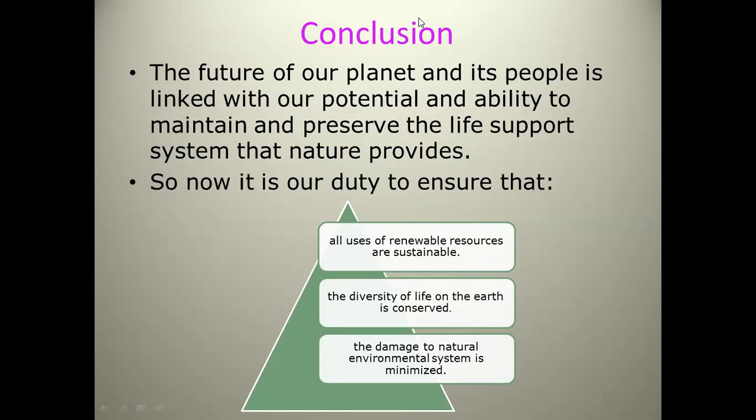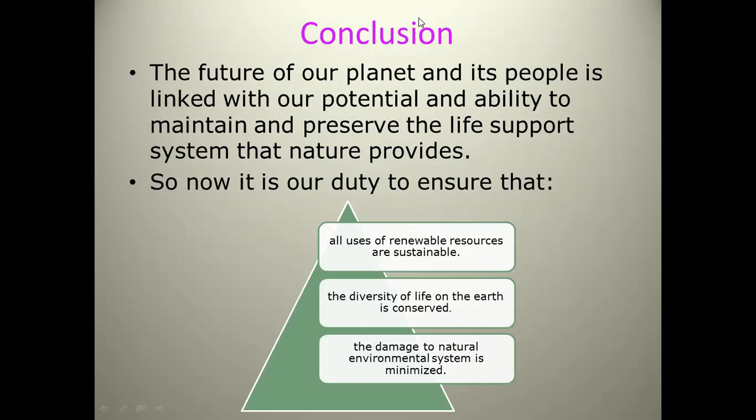So now it is our duty to ensure that all uses of renewable resources are sustainable, the diversity of life on the earth is conserved, and the damage to natural environment systems is minimized. That is, initiative has to be taken by us from right now.